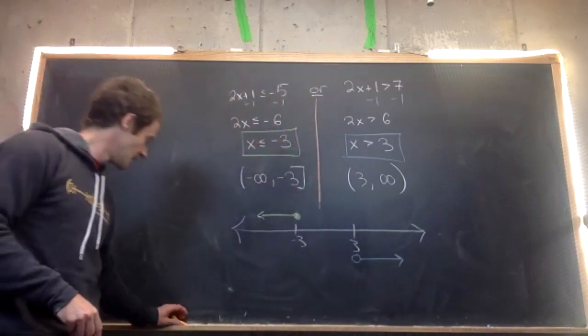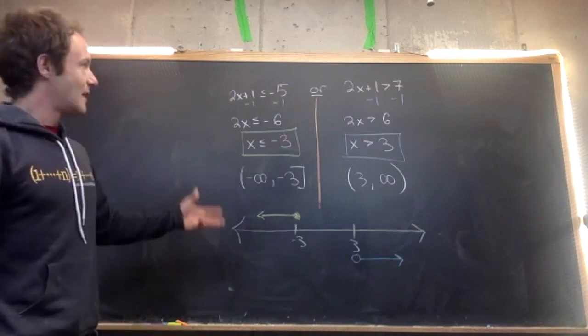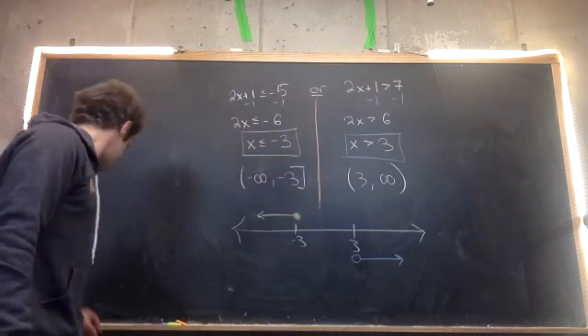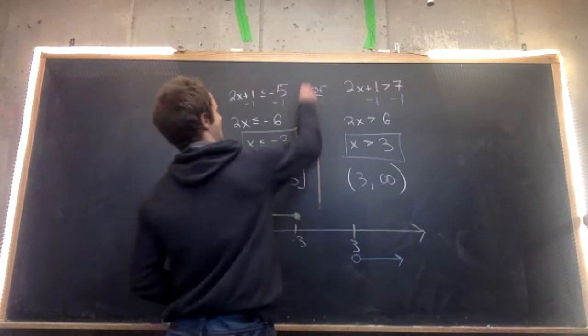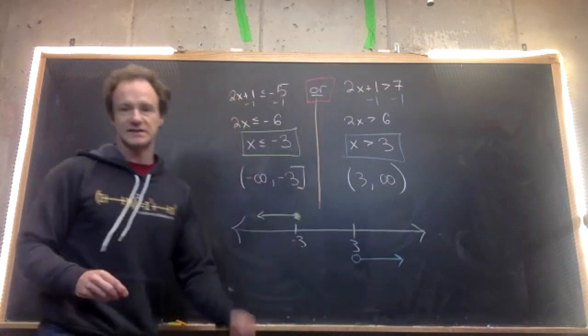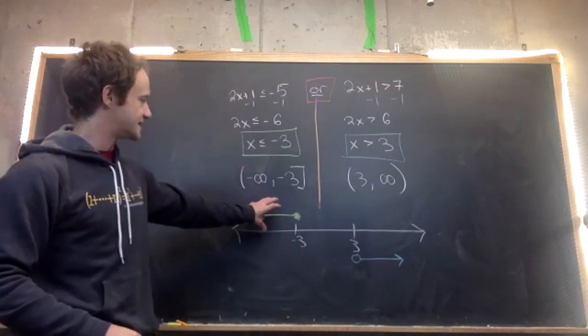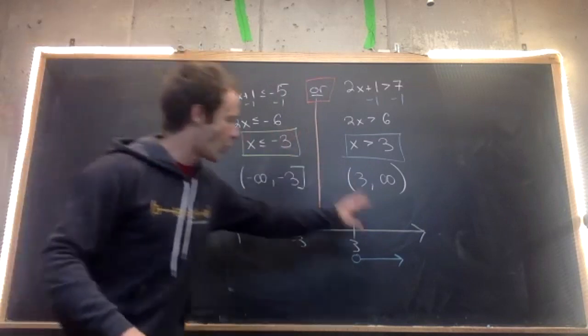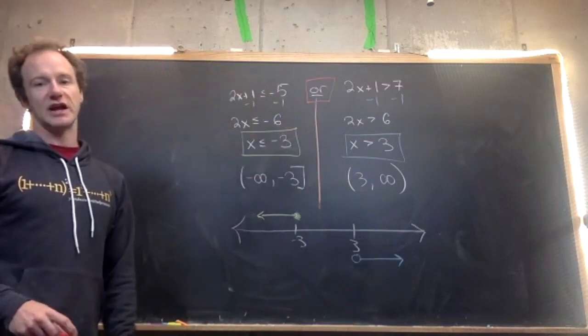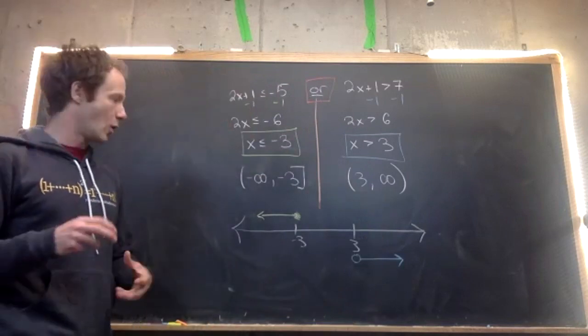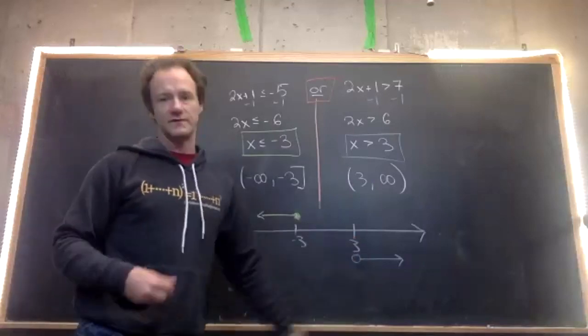Then we go back up to our original statement and notice that it is an or statement. Since it's an or statement, we're allowed to take x values from this green shaded bit or this blue shaded bit. It's not an and, it's or, so either one of these is okay.